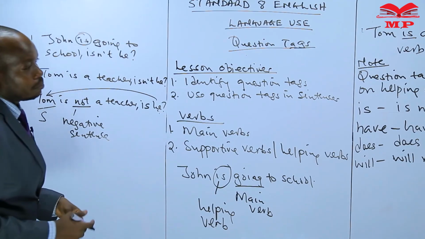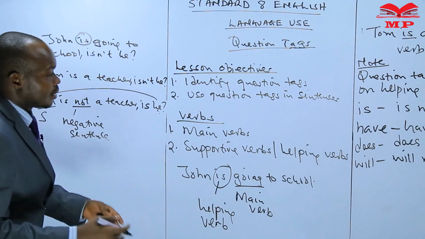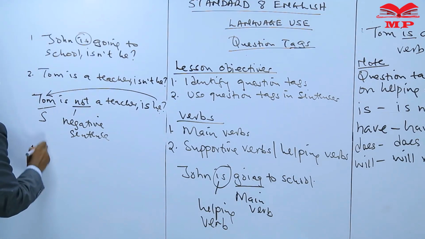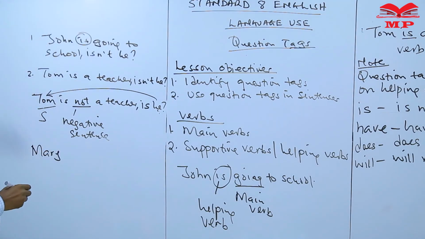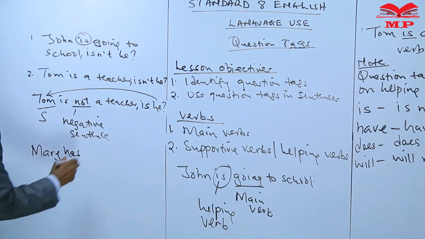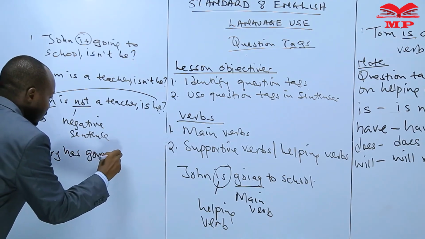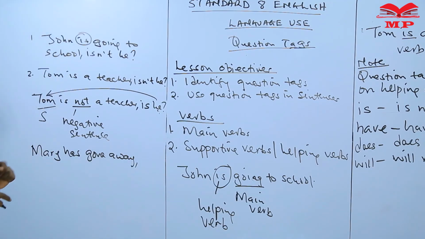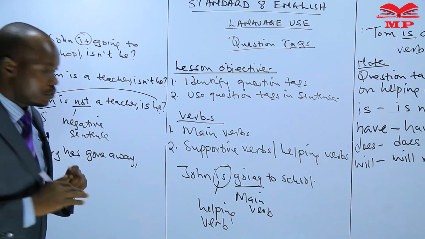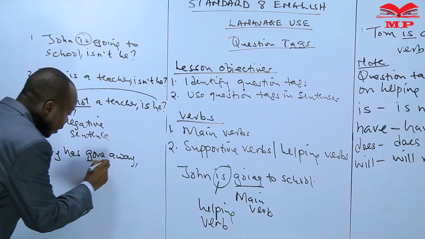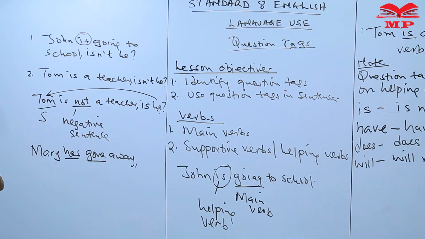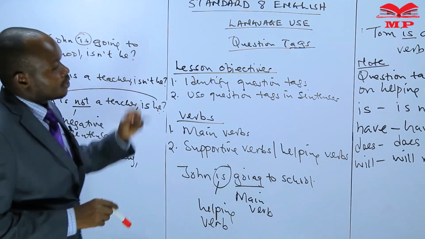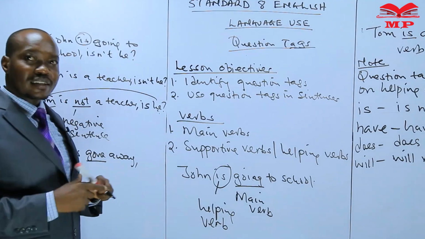Let me give an example using another gender. Mary has gone away. Now, this sentence has two verbs. We have gone and has. Remember I told you, in question tags, we focus on what?